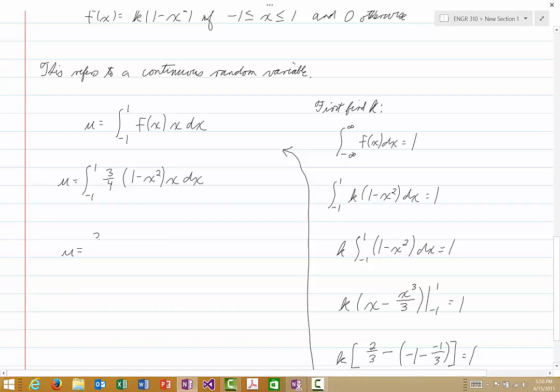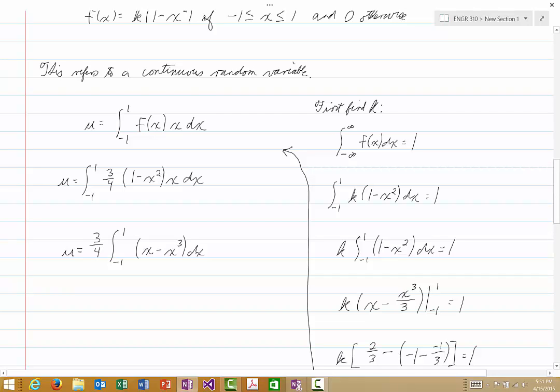The 3/4 can be pulled out of the integral, and we have 3/4, the integral from -1 to 1 of x, multiplying 1 minus x squared by x, we get x minus x cubed dx.